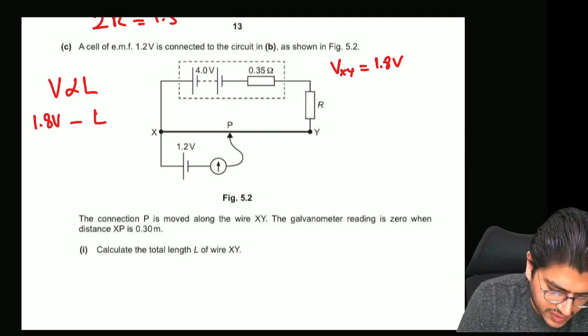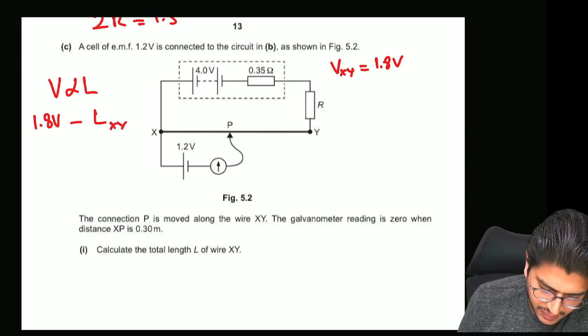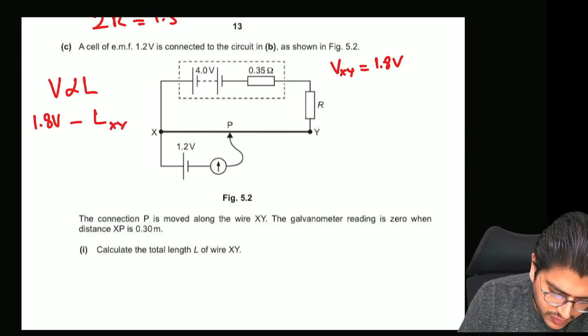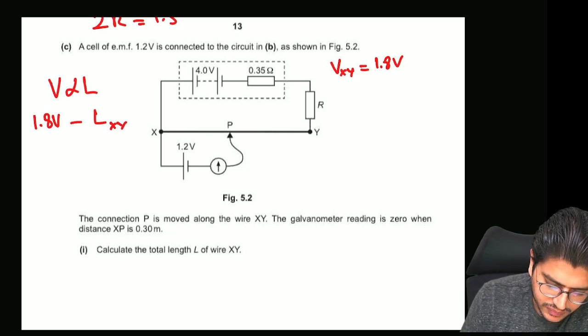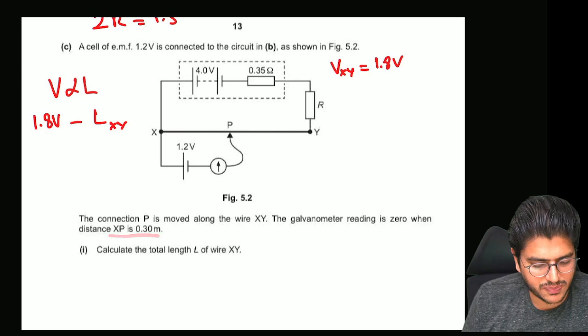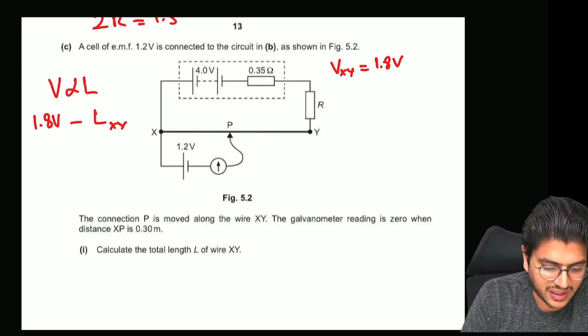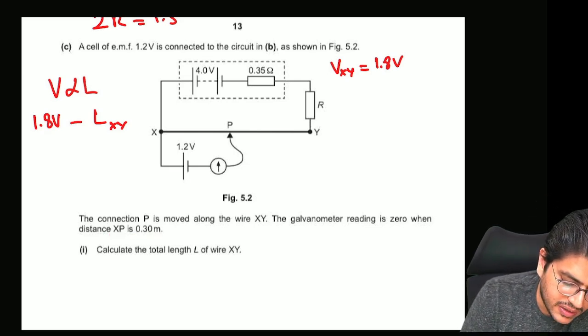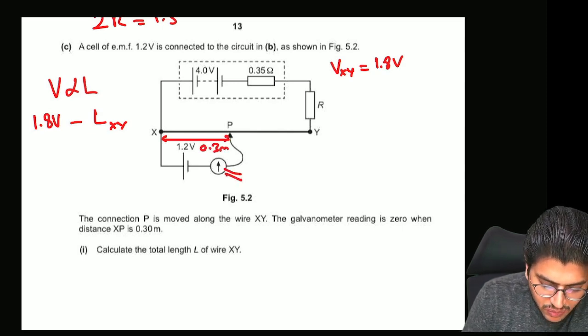What they're saying now is that you move the connection along the wire. The galvanometer reading is 0 when the distance XP is 0.3. Please try to understand this. When this distance is 0.3 meters, this galvanometer reading is 0.